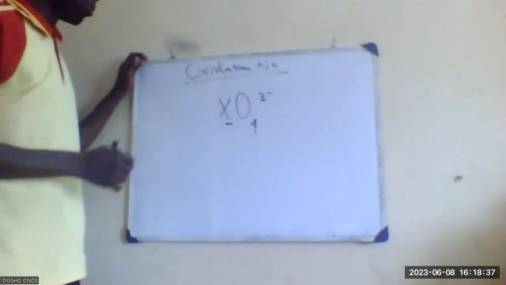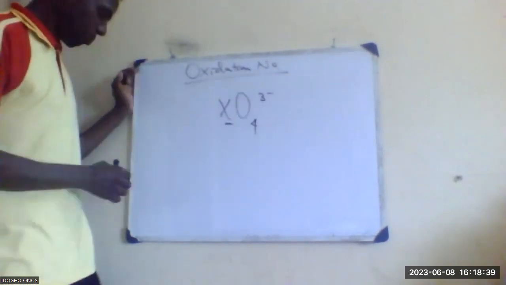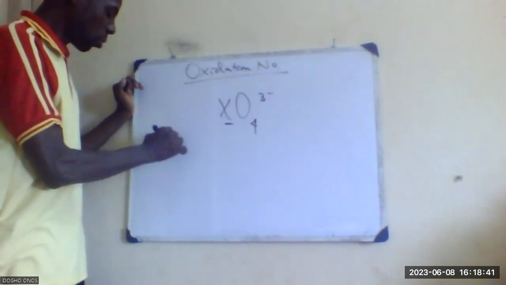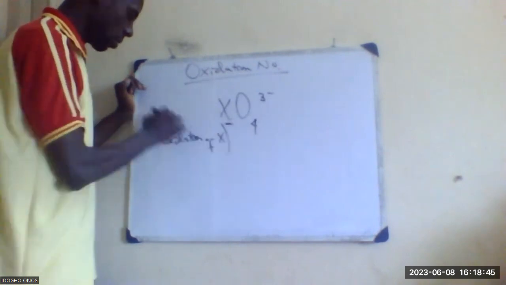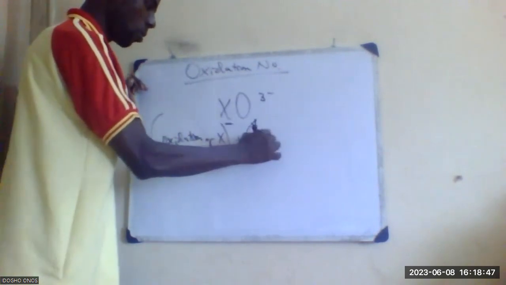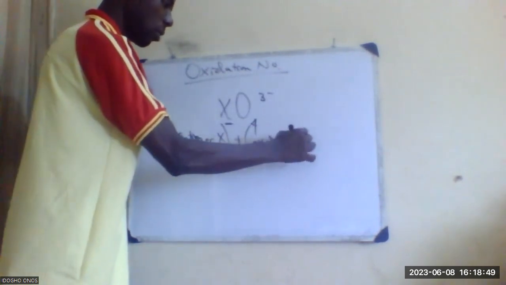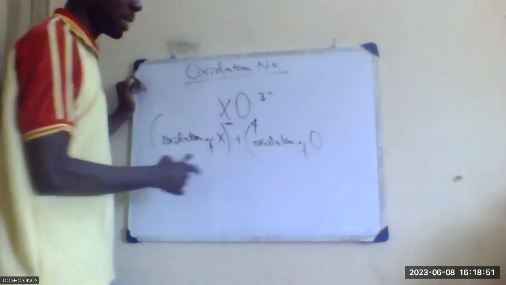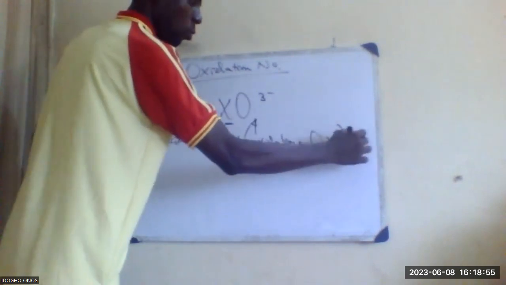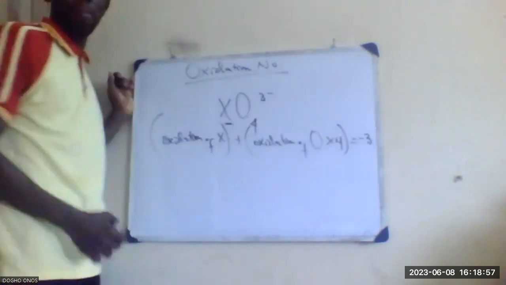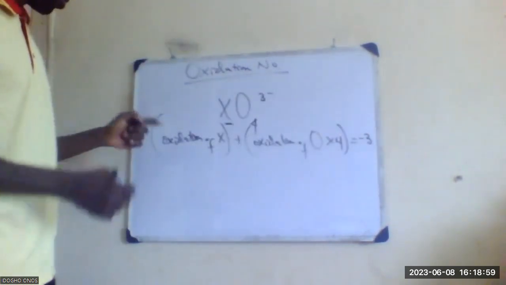We already know the drill. There are 2 elements here. So that will be oxidation number of X plus oxidation number of O, which is oxygen. How many atoms of oxygen do you have here? 4. So that will be times 4, all equals -3.